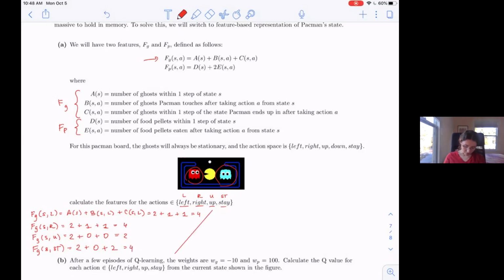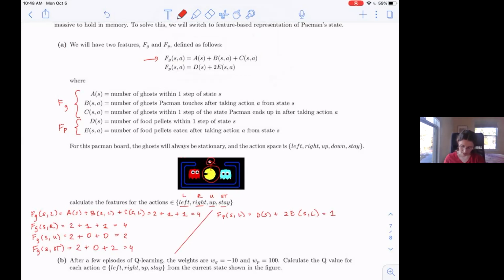What about the other feature functions? So we have FP of S, L. This is going to be D of S plus 2 times E of S, and our action is left. What's this going to be? Well, D of S is the number of food pellets within one step of state S. So if Pac-Man is here in the middle, there is 1 food pellet within one step of this state.